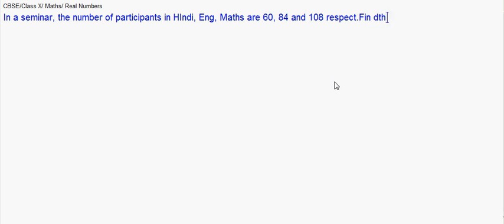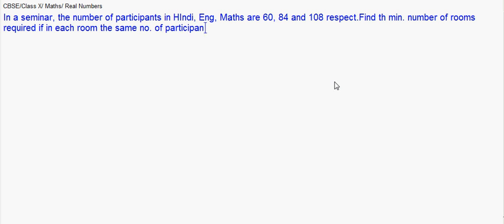Find the minimum number of rooms required if in each room the same number of participants are to be seated. There is a mistake wherein I have written 2 T's.